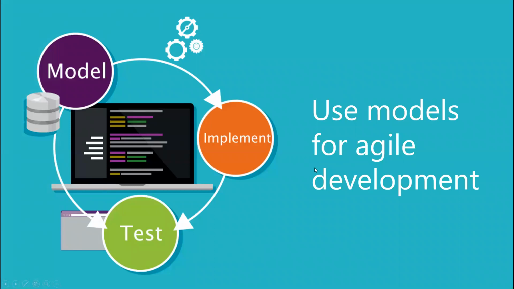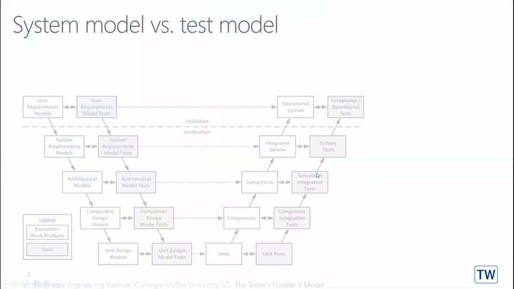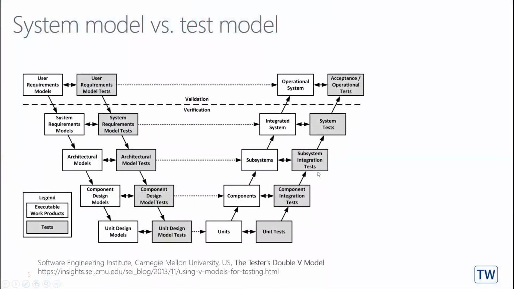So, starting with this first topic about using models for more agile development. I think everybody often knows the V model and the enhanced W model, where it's described about user requirements, system requirements models, architecture models, down to unit design models, so software design models.